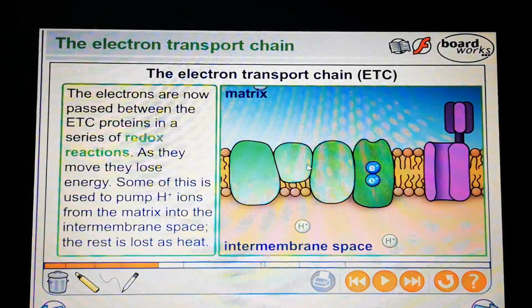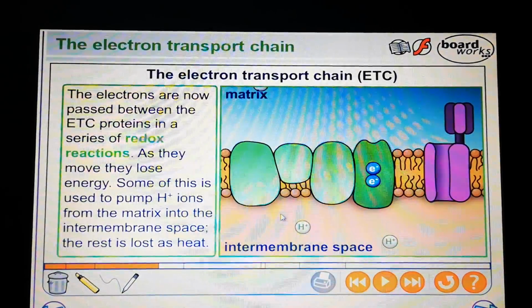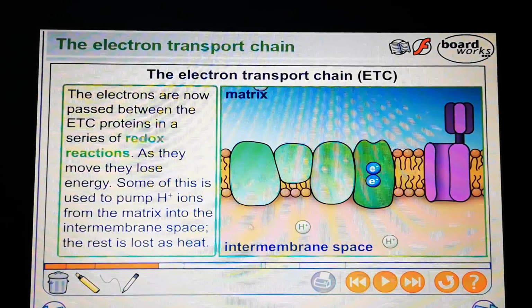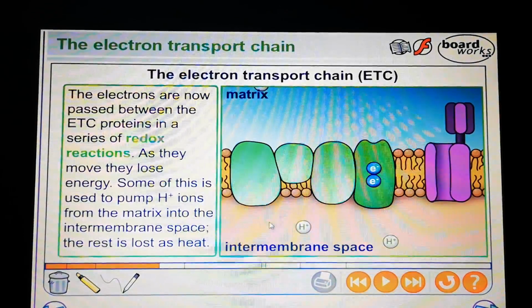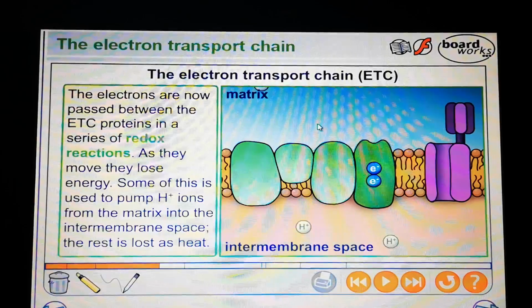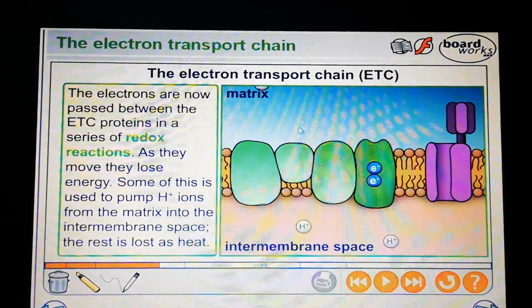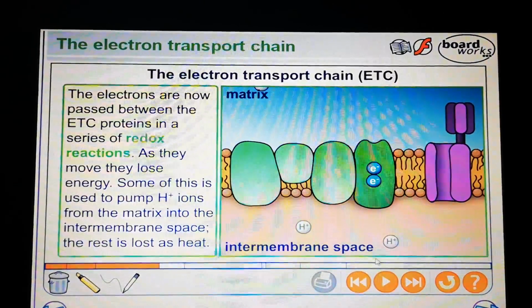This phospholipid bilayer is impermeable to protons, so they can't just move across. Anyway, what happens then is slowly you have a build-up of protons in the intermembrane space. So you're going to have a real high concentration in here compared to the matrix outside. That's another reason why the protons can't just diffuse across, because they'll actually be going against the concentration gradient. So they need to be pumped in there.